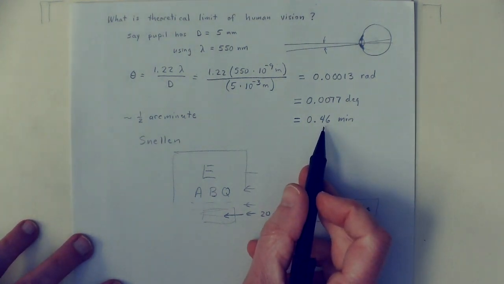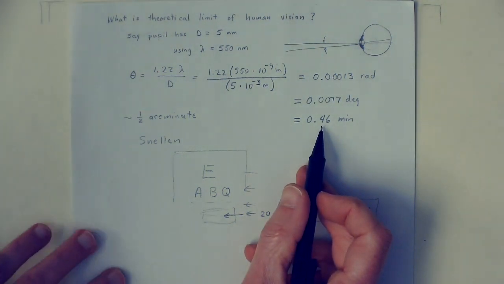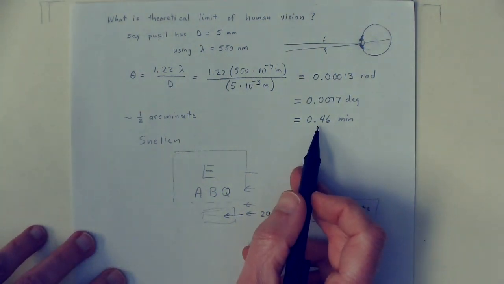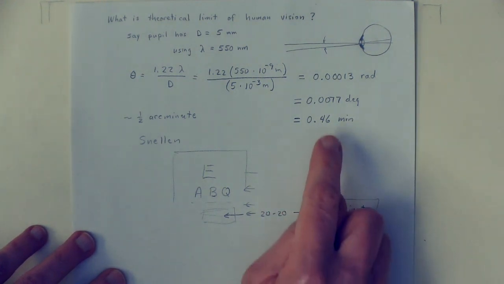And in fact, when I've had my students try various means to test our resolution, and I don't have the equipment to do this the proper way, let's say it that way, my students have gotten numbers very close to this, in some cases better.